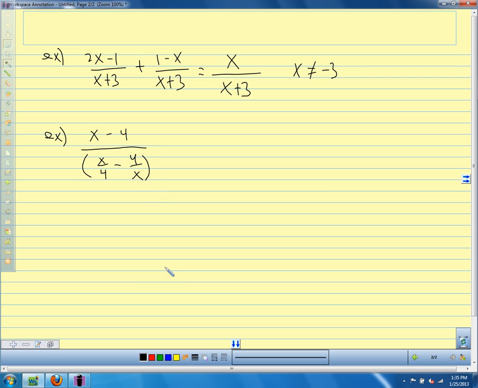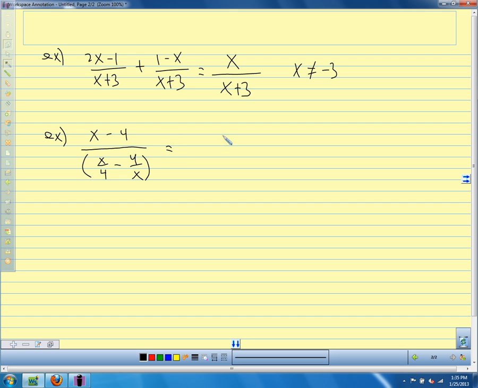So what do we need to do here? The bottom cancels out. This is x minus 4 and this is 4. This is x over 4 and this is 4 over x. So we wish they would cancel out, but they don't. So we have to add this fraction in the denominator.